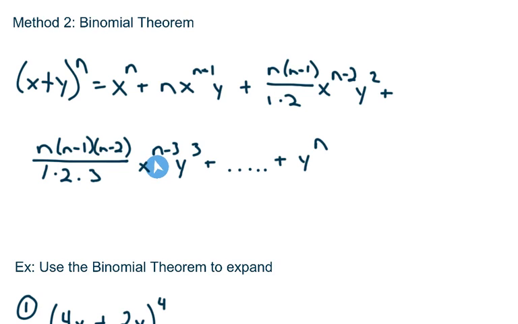If our n was 5, this would be y to the 5th power. This all would eventually cancel each other out to be 1.